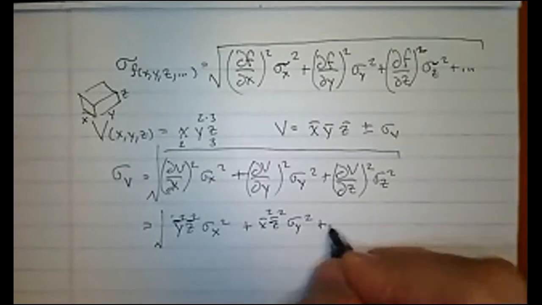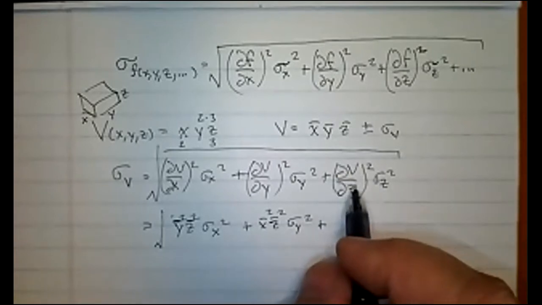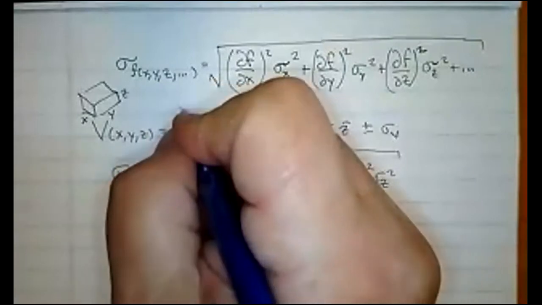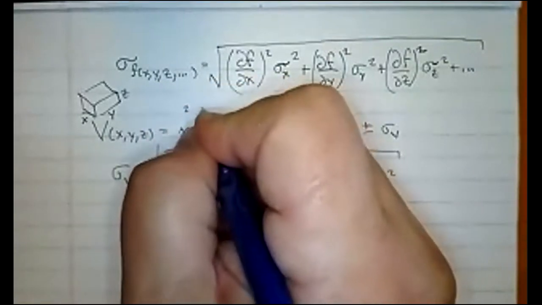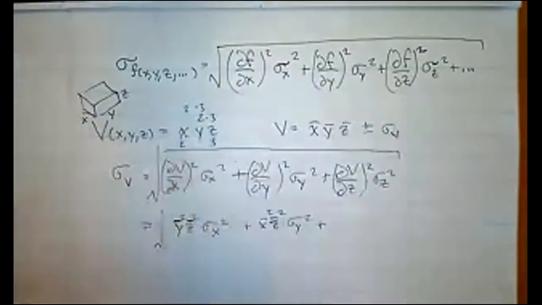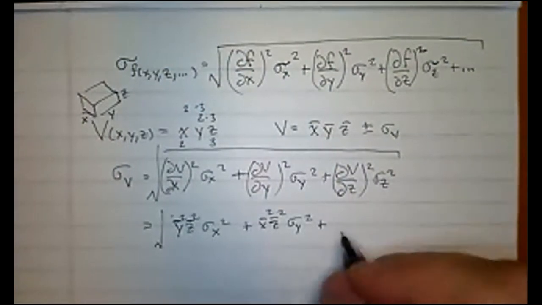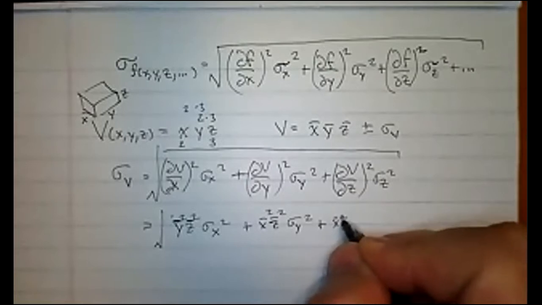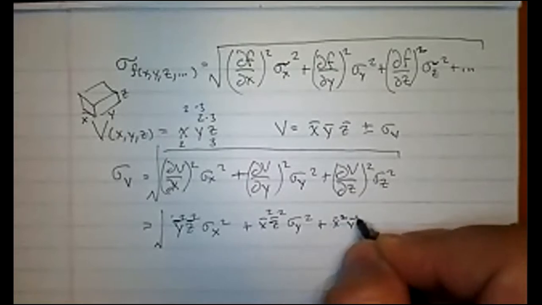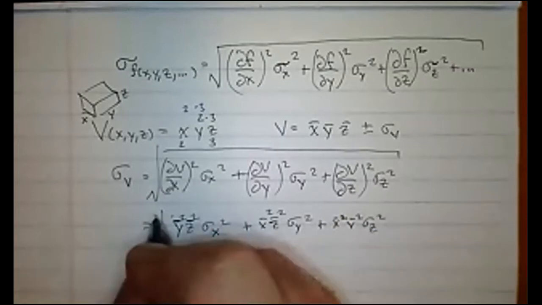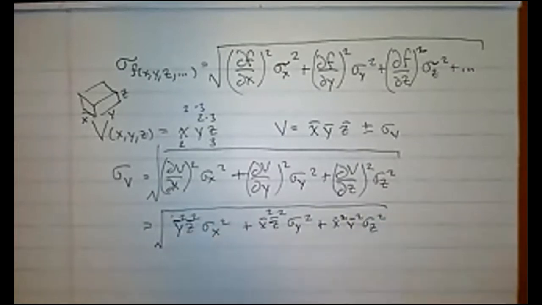And then I'll say plus finally the partial of v with respect to z. In this case, I'm going to act like everything but z is a 2 or a 3. So it's 2 times 3 times z. So again, we're just going to get x bar squared, y bar squared, times sigma z squared. Now that is exactly right.